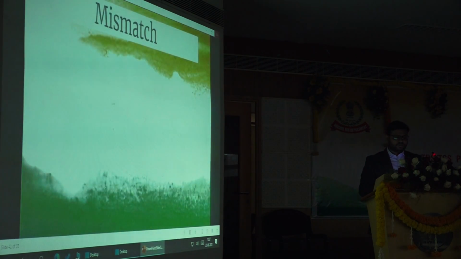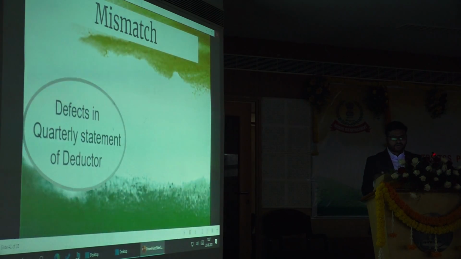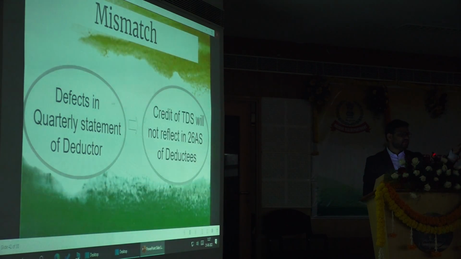So any mismatch will result in defects in filing of the quarterly statement by the deductor, will not give the credit to the deductee, and that will result in a mismatch of the TDS claimed by him and the TDS paid by us.